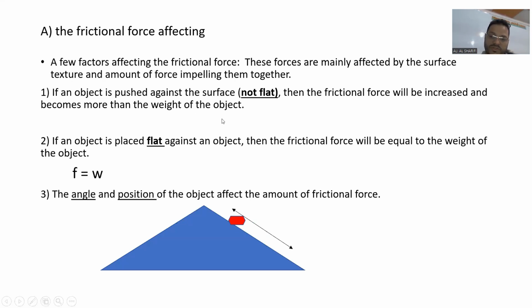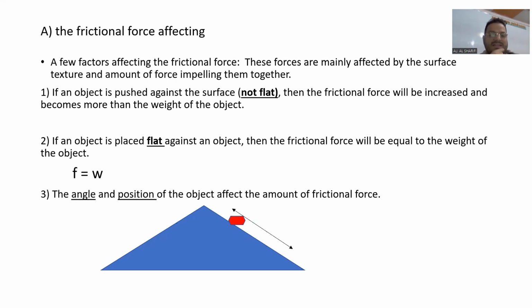The force which we need to move this object from point to point must be more than the weight of this object. If an object is placed flat against the body, it's easier to move it from point to point. Why? Because there is no need for more force to make the force more than the weight. Here, the force will just equal the specific object's weight. By that, the force will be the weight, like I said before.